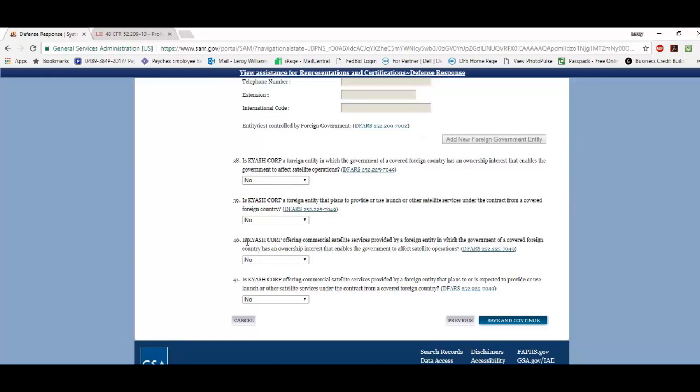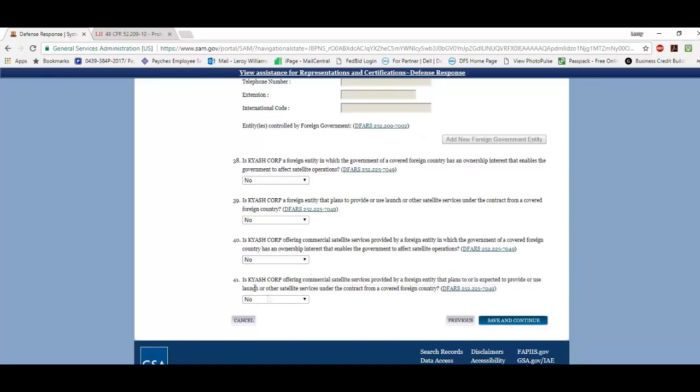Number 40. Is Irs Corp offering commercial satellite services provided by a foreign entity in which the government of a covered foreign country has an ownership interest that enables the government to effect satellite operations?